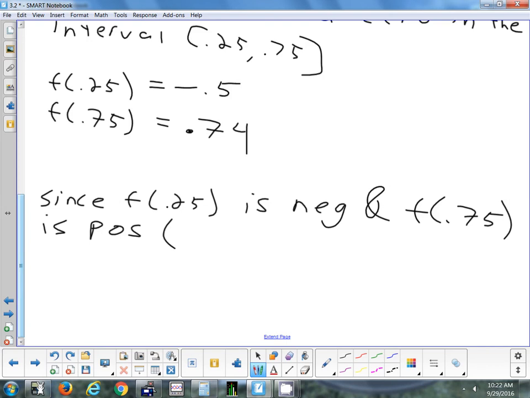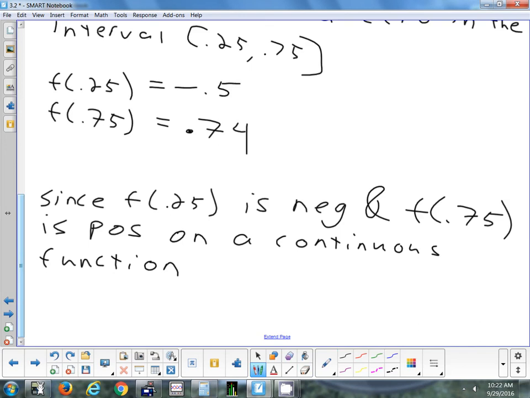That means nothing if you don't have a continuous function, because you could just lift your pencil up and skip 0. But we get f of 0.25 is negative, and f of 0.75 is positive on a continuous function.